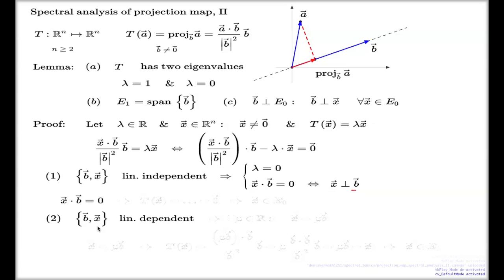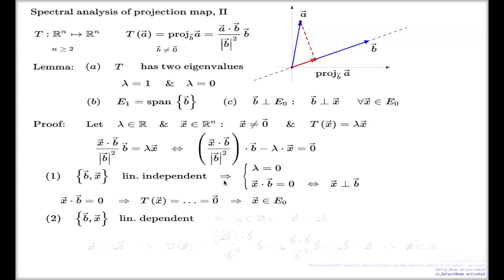If you have a vector which is perpendicular, that will imply by the formula of the projection that T of x is the 0 vector. And that means that every such vector is an eigenvector with the value 0. So in fact, this implication is reversible. And that will finish the analysis of the first possibility, b and x linearly independent.